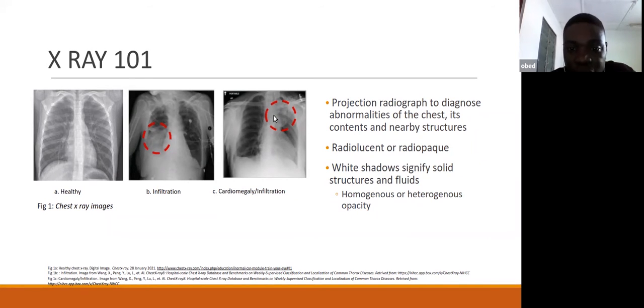And for this, just have a look at the heart, this part. We realize that it has taken so much volume. It's occupied so much area of the left lung field. So you can see that this heart is actually enlarged.